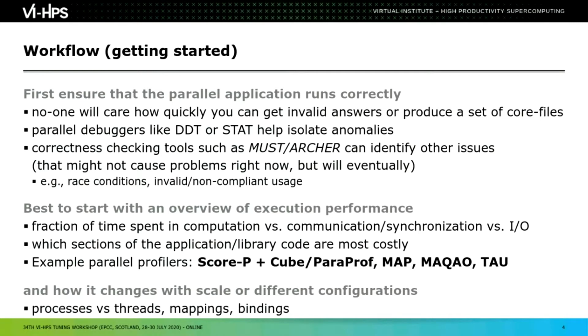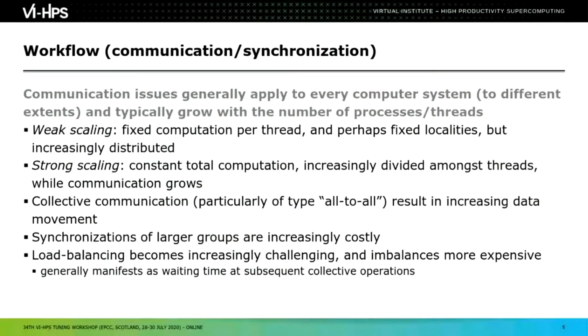Next, you will want to get an overview of what's happening inside the program. For that, you can use parallel profilers, and you have seen a lot of them during this workshop: the Scalasca tool suite, MAP today, and MAQAO and TAU. You may also want to check exactly the repartition between threads and how messages are being exchanged inside the application.